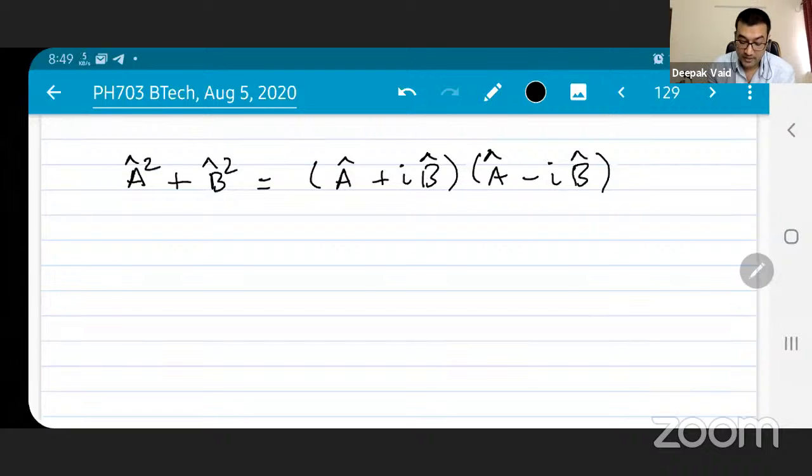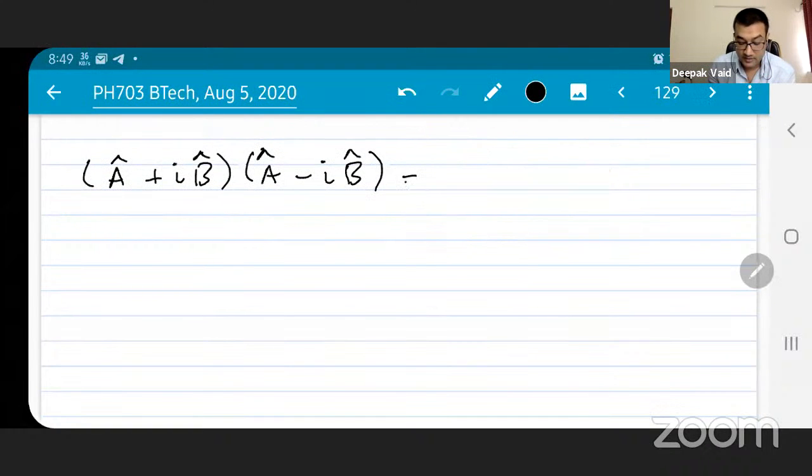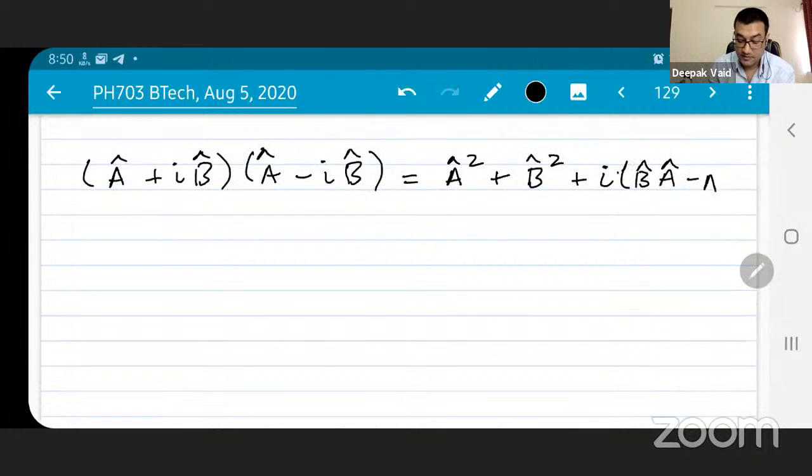Just expand out this expression: I'll get a square plus b square, but then I will get i times BA minus AB.